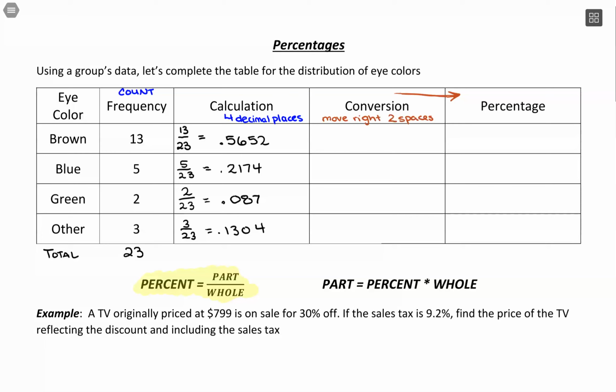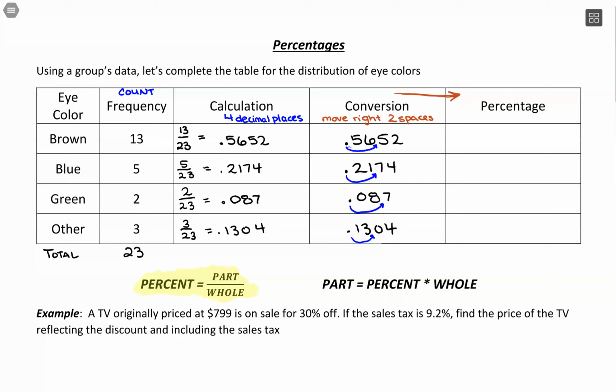So what I'm going to do is copy down those decimal forms that I got out, 0.5652, 0.2174, 0.087, 0.1304, and to change it to a percentage, I'm going to pick up that decimal place and move it to the right 2 spots. That's going to show me a new location for my decimal place. Oops, went too far on that last one. 2 spaces, there we go.